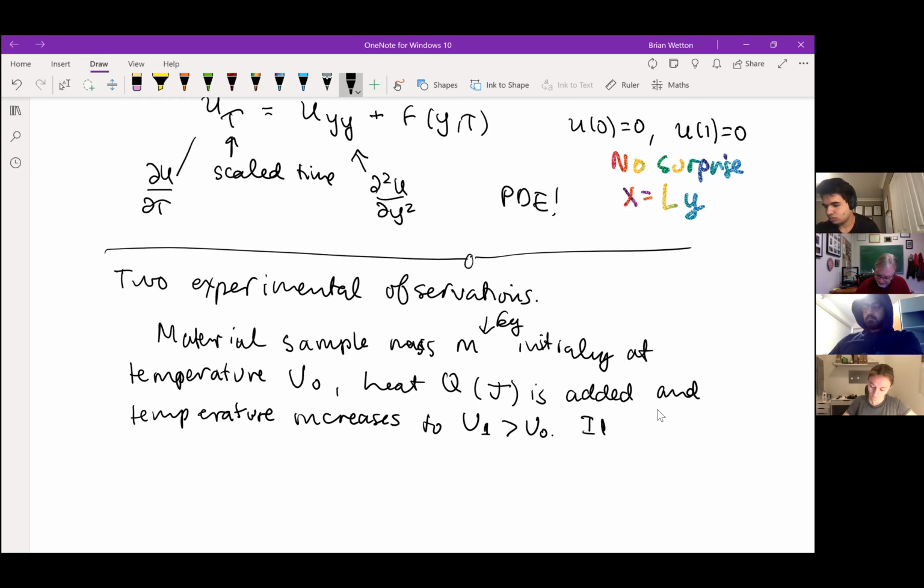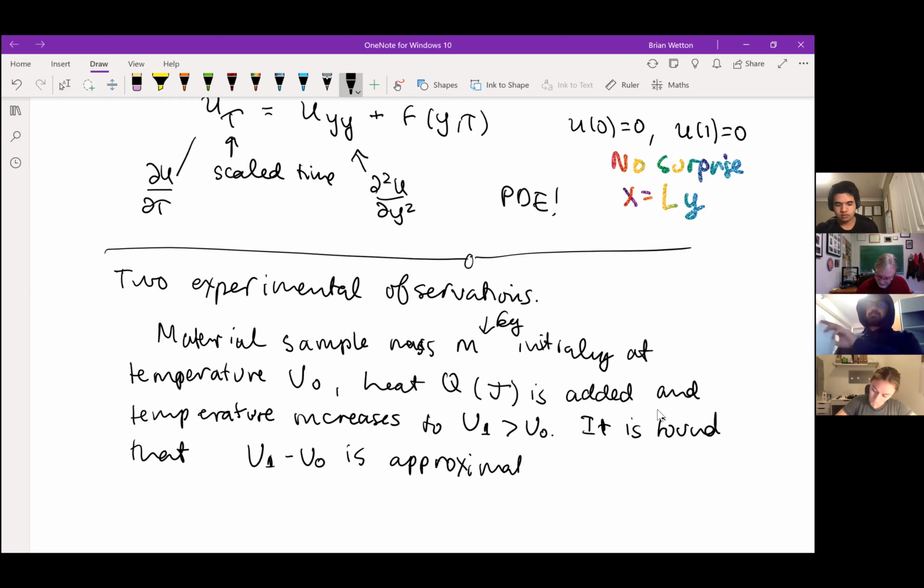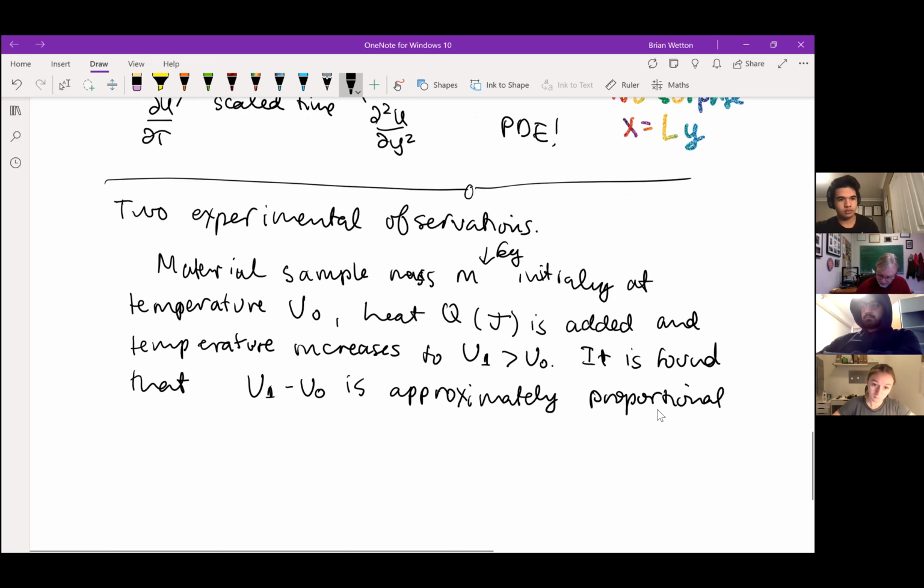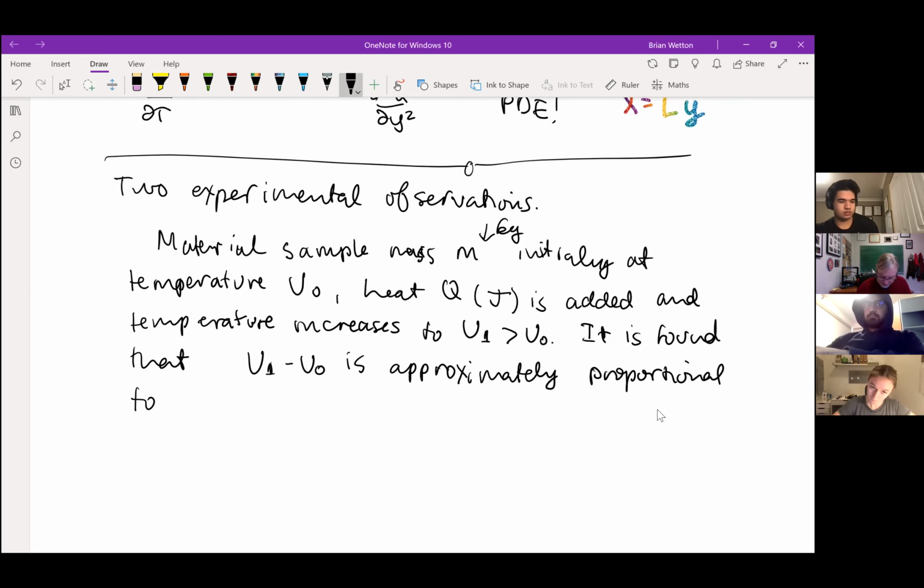It is found, if you do these experiments, that the temperature change is approximately proportional to the amount of heat you add divided by the amount of mass that you have.